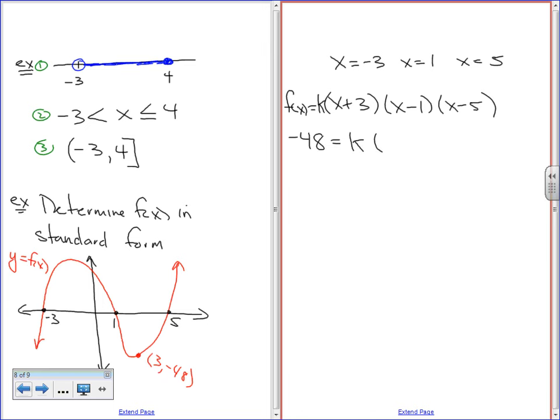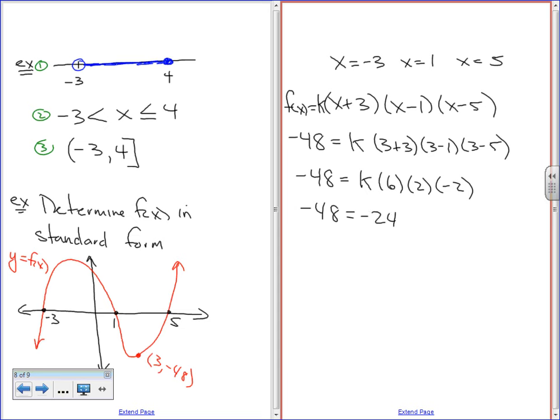And then plugging 3 in. So you notice the only value that you are left with that you don't know is k. But this gives you a nice equation to solve for k. So -48 is equal to k times 6 times 2 times -2. 6 times 2 times -2 is -24 times k.